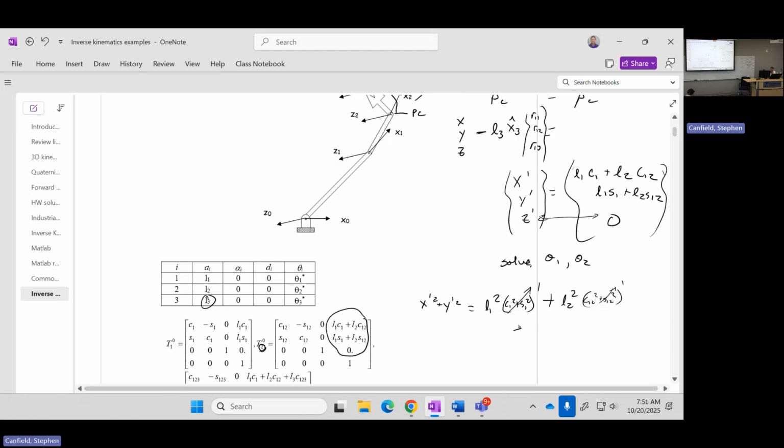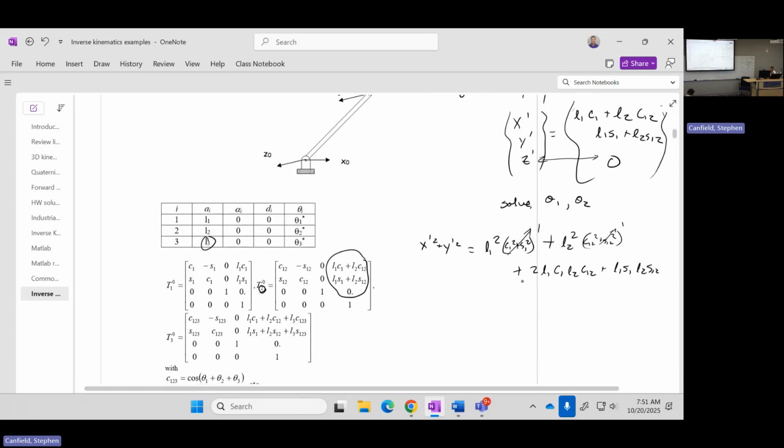And then finally, I'll get 2 times L1 C1 L2 C12 plus L1 S1 L2 S12. If I look at this term right here, I can pull out a 2 L1 L2 times C1 C12 plus S1 S12.